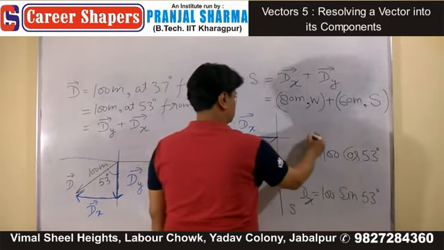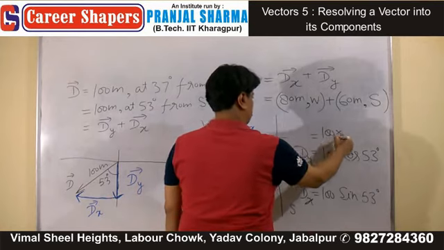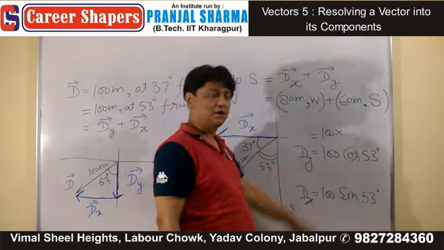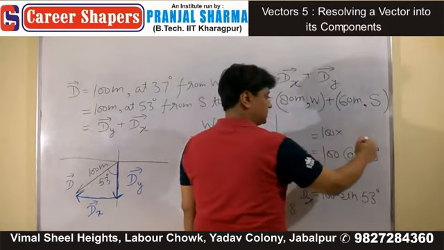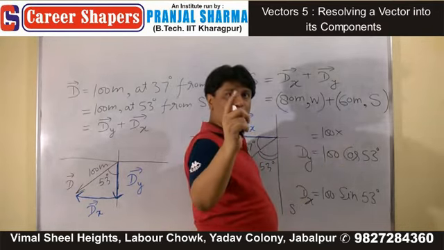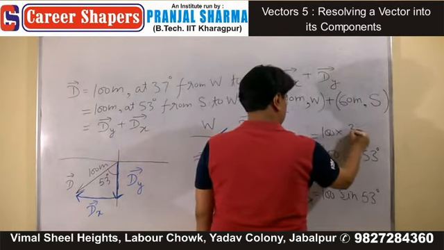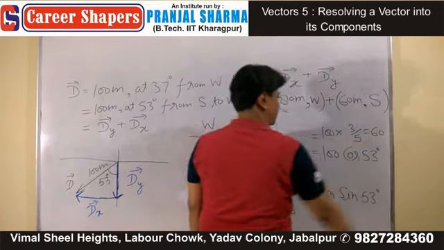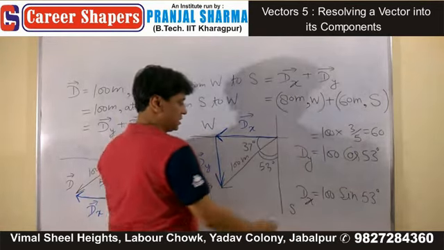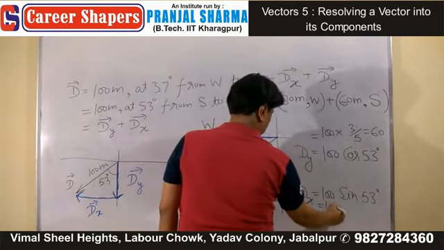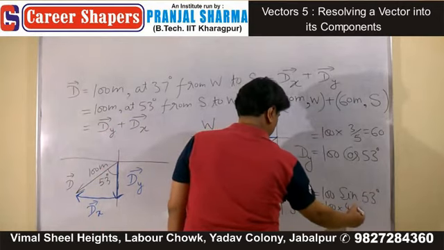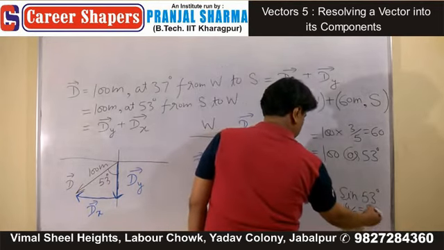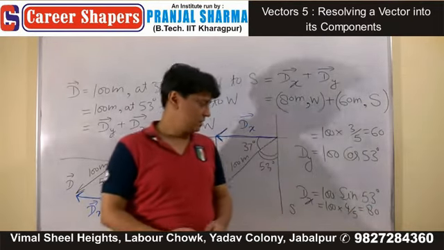Now, what is the value of cos 53? 3 by 5, making it 60. What is the value of sine 53? 4 by 5, makes it 80.